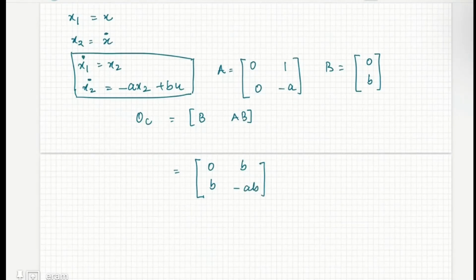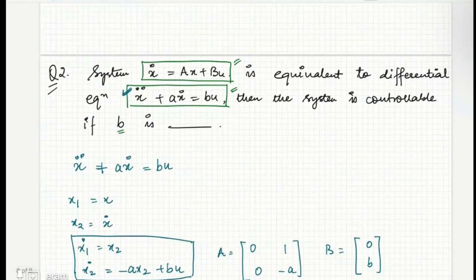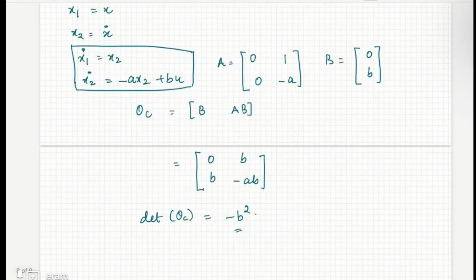We need this matrix to be of full rank, that is of rank 2, so its determinant should be non-zero. When you calculate it, the determinant is minus b square. For the system to be controllable, its determinant should not be 0. The condition for controllability is b not equal to 0, because when b equals 0, the determinant will be 0 and the matrix will be of reduced rank.